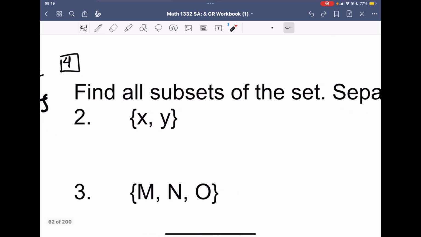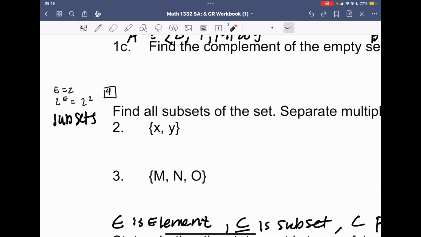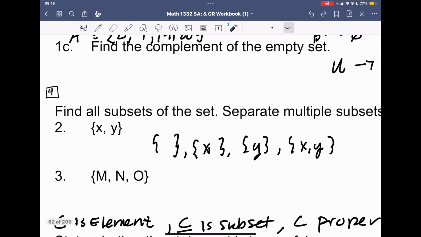And so when we put them together, it's going to be the empty set, set X, set Y, and then set XY. And then we put all of those again as the subset.